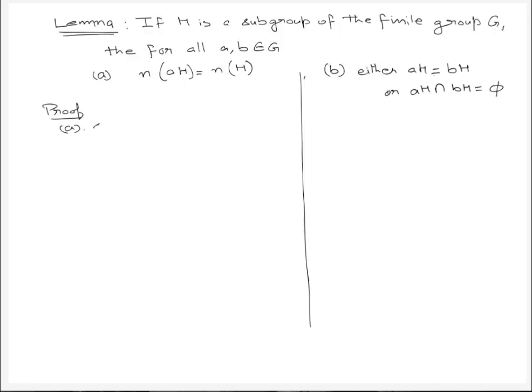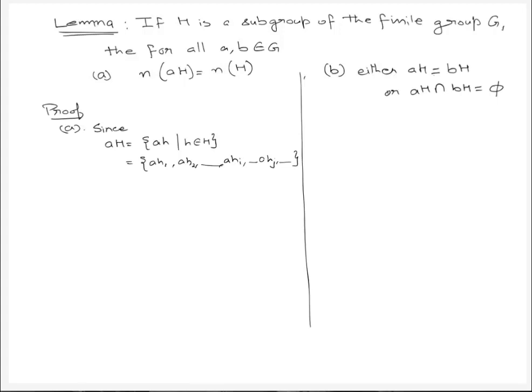Now since aH is the left coset of H in G, it is written as aH equals {ah}, where h belongs to the subgroup H, or you can write it as ah1, ah2, and so on, ahi, ahj, all the combinations.